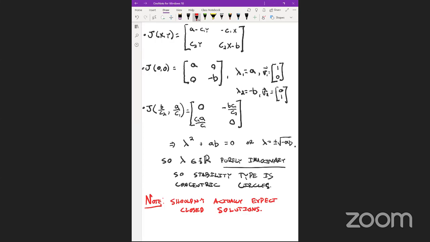And the reason is that because we're Taylor expanding around 0, we're never actually around the equilibrium, since this is an approximation.